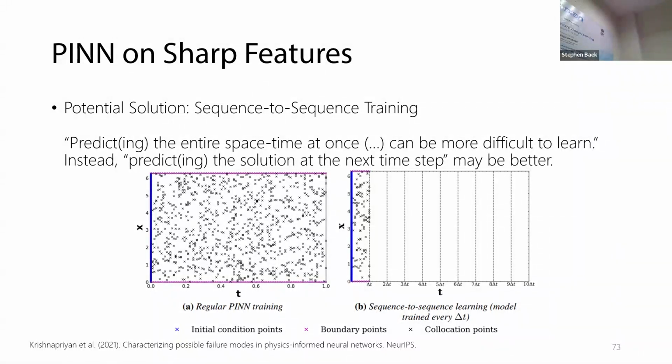You set some small delta t, and using that small interval of time, you train PINN and make a prediction there, and then slide the time window to the next delta t, and solve the problem on that next segment, and so on and so forth. That is one possibility you can take. The other thing is adaptive sampling, like what we've been talking about.